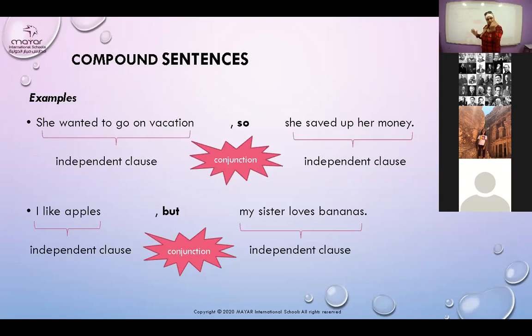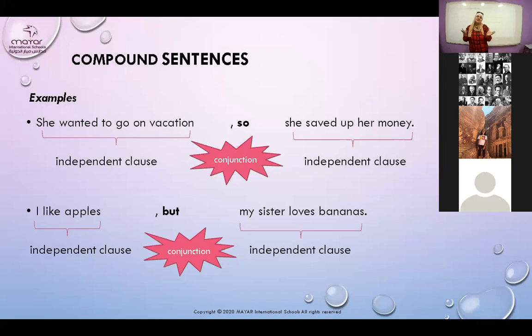No. She saves up her money, so she will go on vacation. It starts with F. For. Amazing. Very smart. You know it by yourself. She saved up her money, for she wanted to go on vacation.